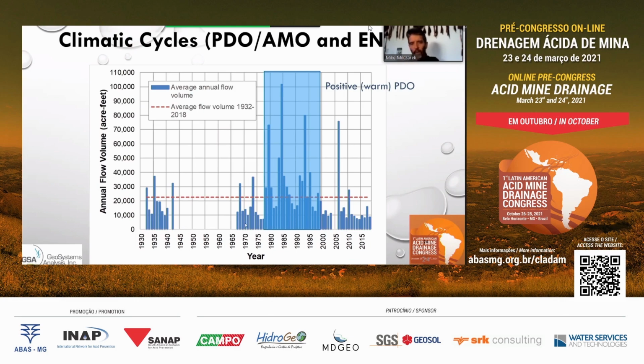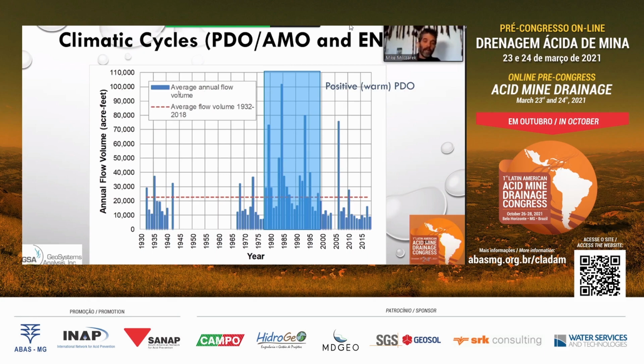We can see that there are distinct periods where you get higher precipitation and higher surface water runoff rates. There are periods of time where there are droughts. This particular period of time is related to the positive, or what's called the warm PDO.